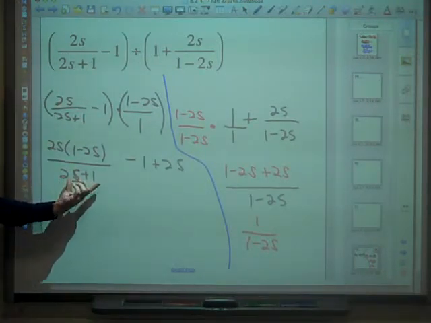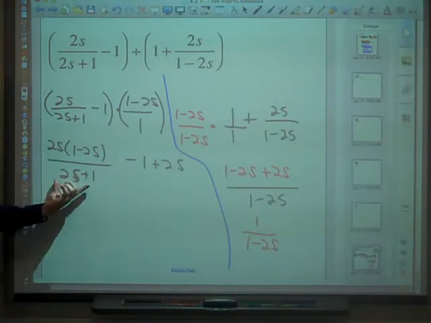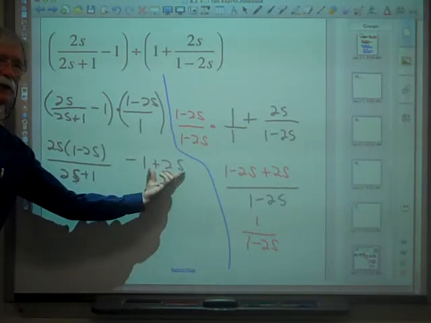We need a common denominator. Does this already have a denominator? How do we get this to have the same denominator?